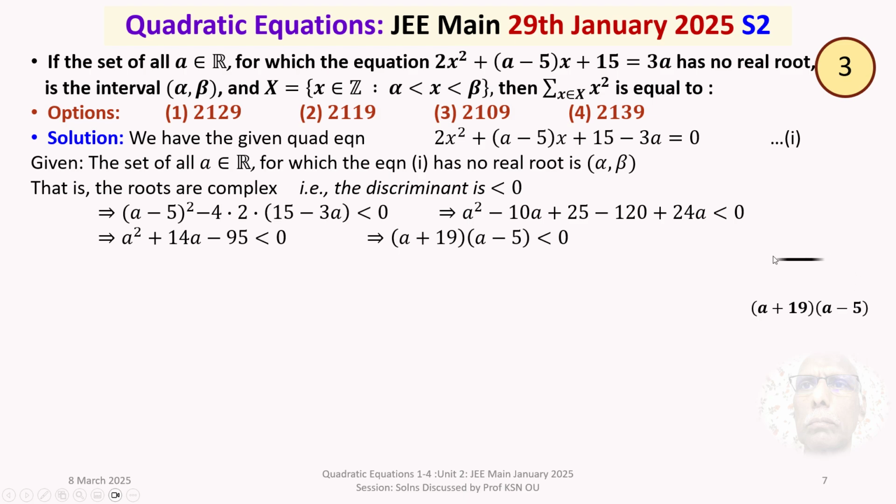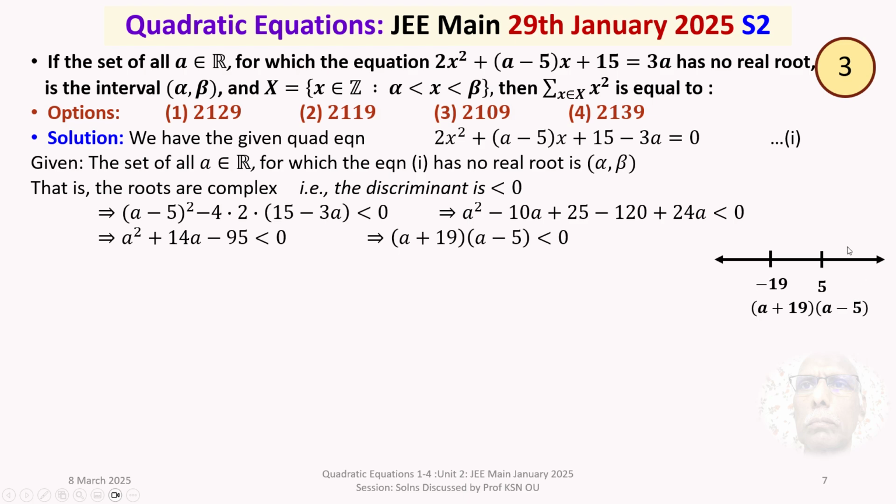And now this is the real number line. And mark minus 19 and 5. So this is minus 19 and this is 5. Now to the right of 5, let's take 6, for example. Substitute here. 6 minus 5 positive, 6 plus 19 positive, positive into positive is positive.